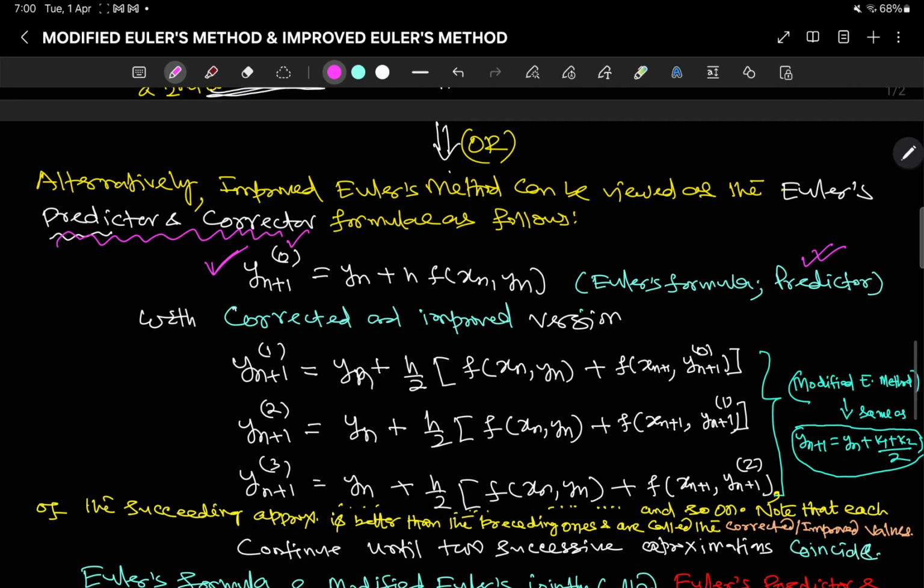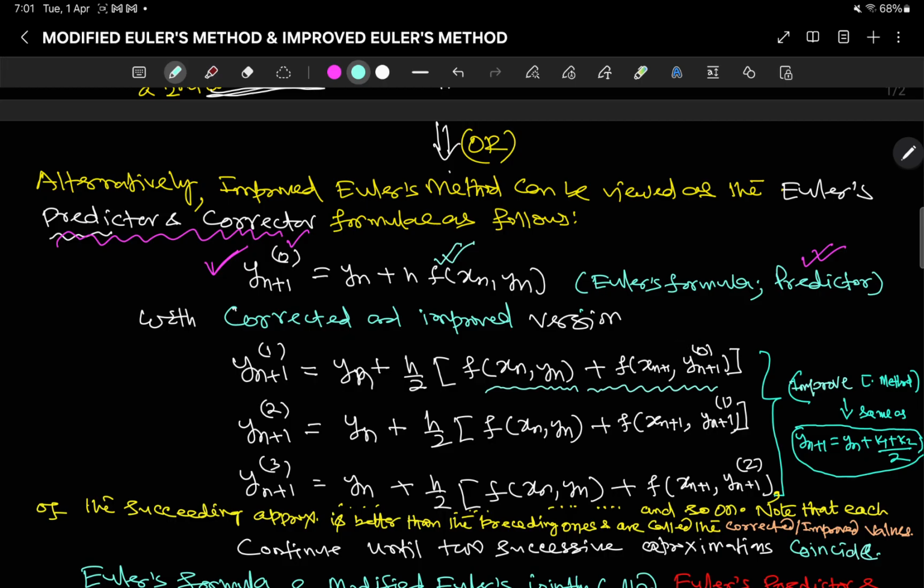In Euler's method, this is the slope at the initial point. I improve it by taking the slope as the average of the slope at the initial point and the terminal point.